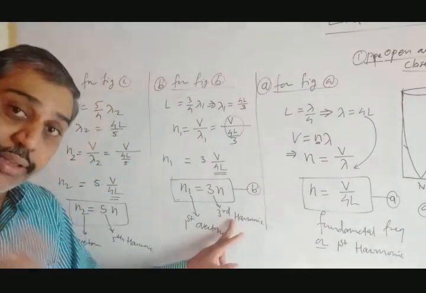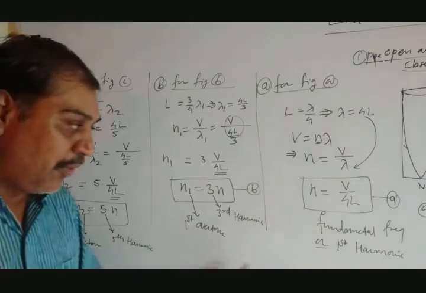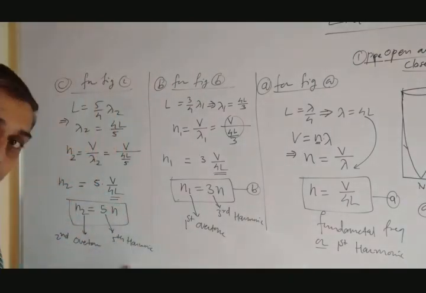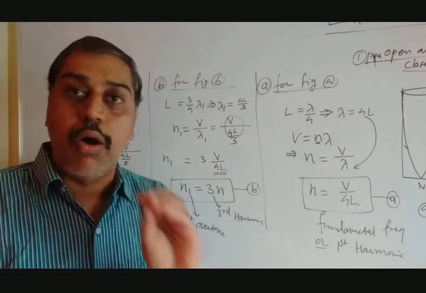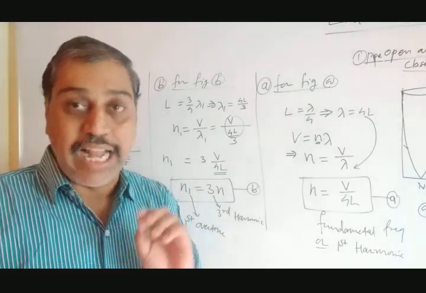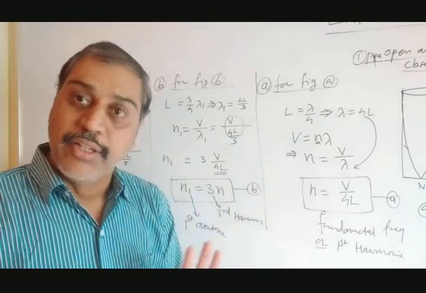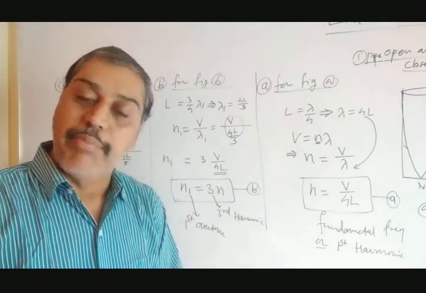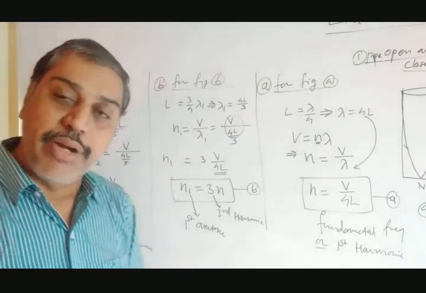Fourth is absent. Now directly there is a fifth harmonic. So here only first, third, fifth, next 7, next 9, 11. That means only the odd harmonics are present.